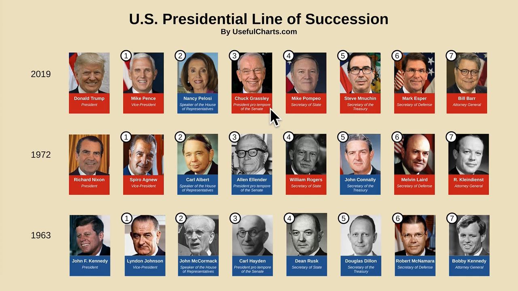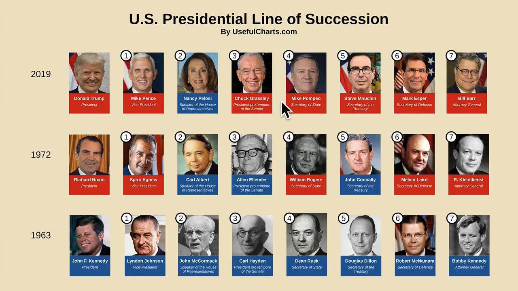The President pro tempore is always the longest serving senator at any given time. So once again, that person could be a member of either party. Currently, it's a Republican named Chuck Grassley. He's currently number 3.